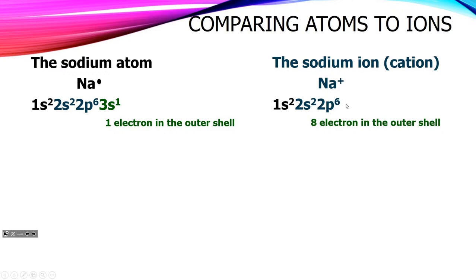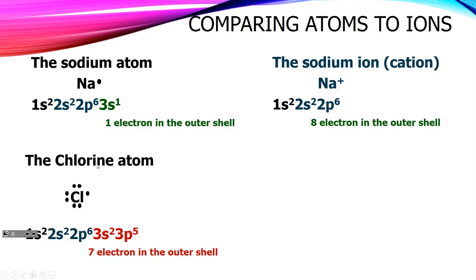That outer electron, 3s, is no longer there. But you'll notice the 2s and 2p, the 2 and the 6 add up to 8. And because they add up to 8, it's like a noble gas. So this sodium cation is what we call isoelectronic with a noble gas. So isoelectronic just means the outer shell is like a noble gas.